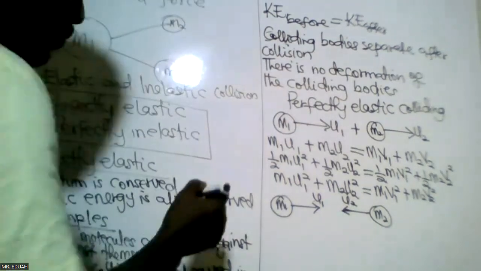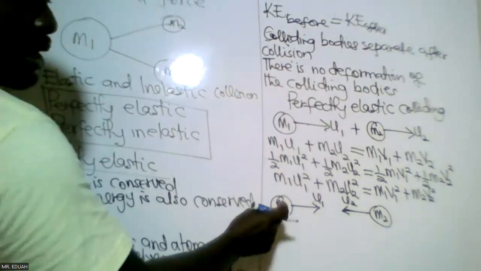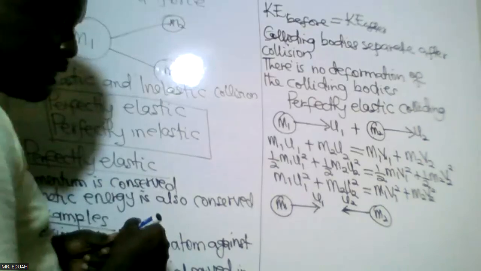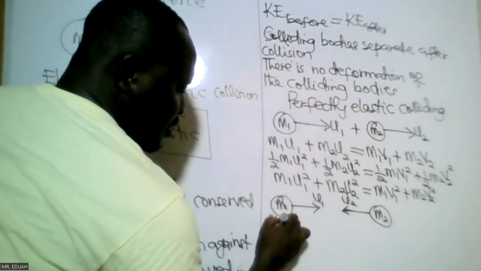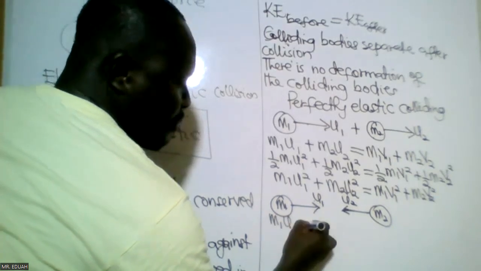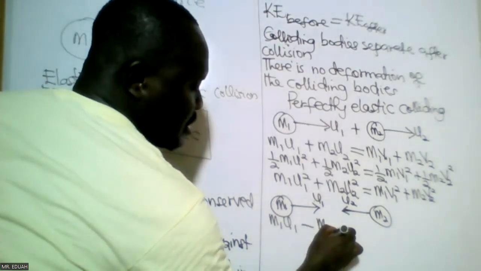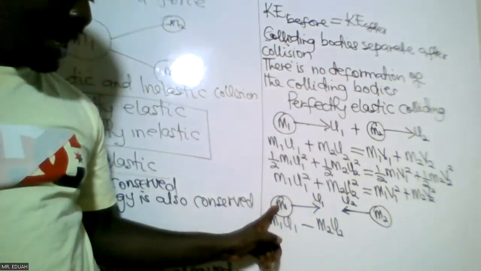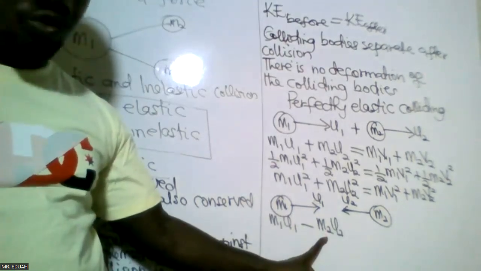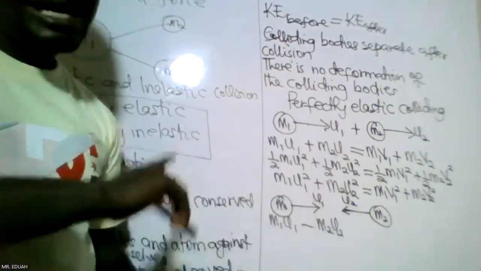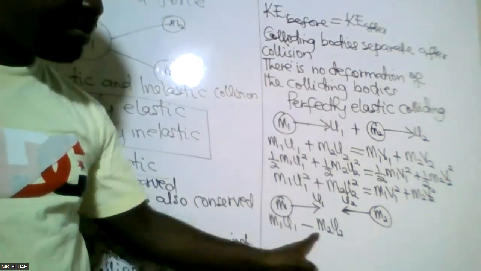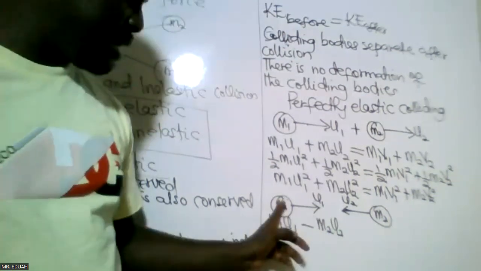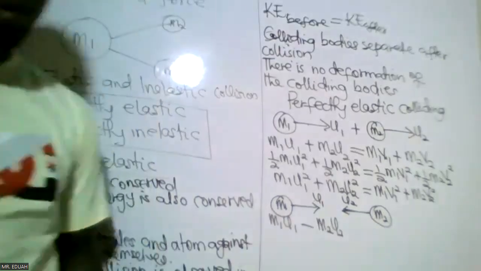Okay, so to write the equation for conservation of momentum, M1 times U1 minus M2 times U2. And this is on the assumption that momentum of 1 is greater than the momentum of 2. If it is the other way around, then M2 will be written first and then subtract M1 from it. So here I'm assuming that momentum of 1 is greater than momentum of 2.